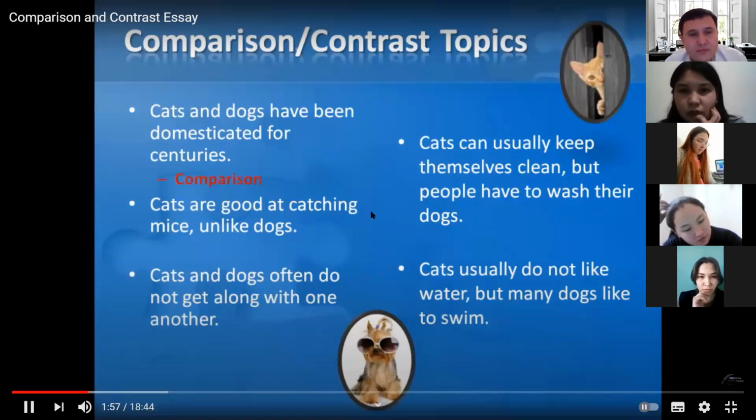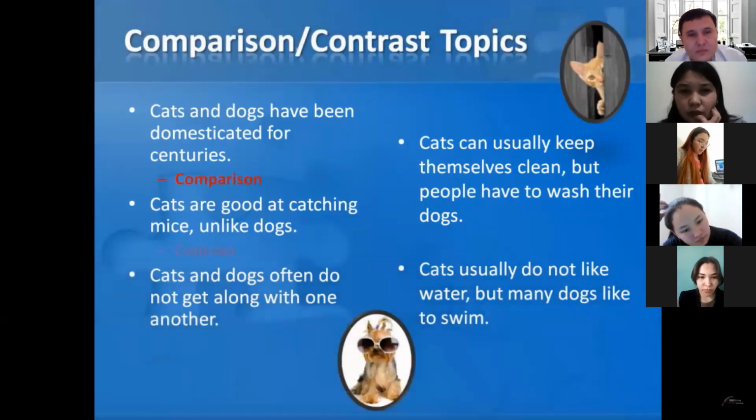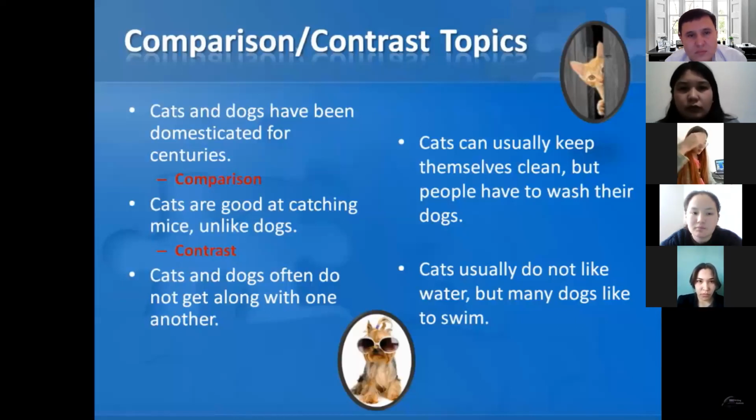Well, in the first case, you have a comparison. And in the second case, you have a contrast. In the first bullet, cats and dogs have been domesticated for centuries. Your clue word is and, right? Similarities, comparison. In the second bullet, cats are good at catching mice, unlike dogs.